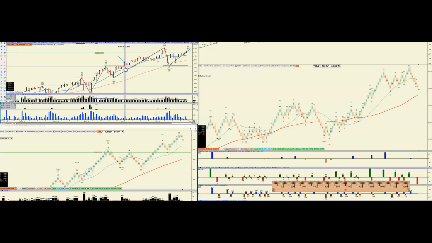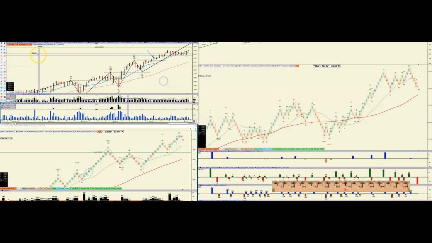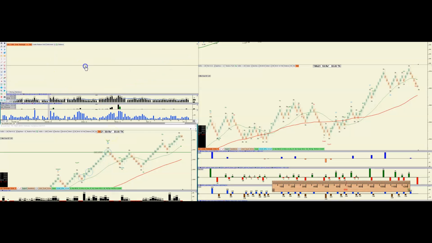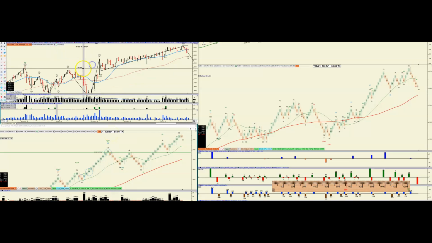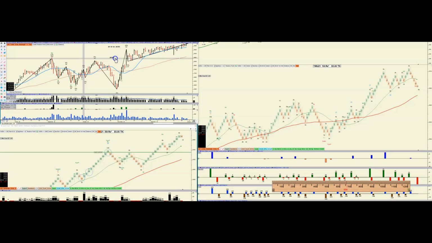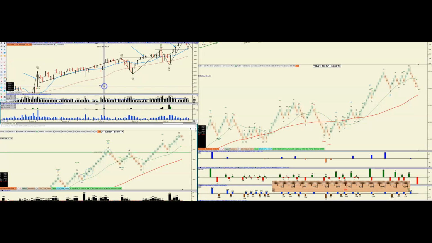For example, what happened? Expanded in range. Here, what happened? Expanded in range. Here, what happened? Expanded in range. And also here, what happened? Expanded in range.